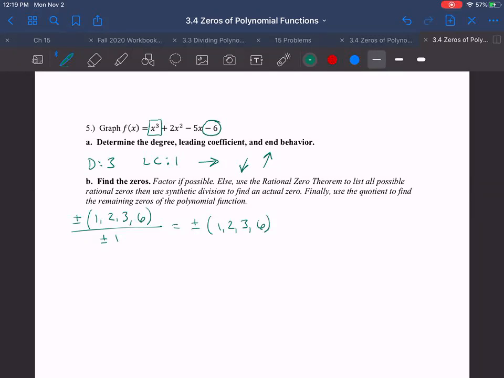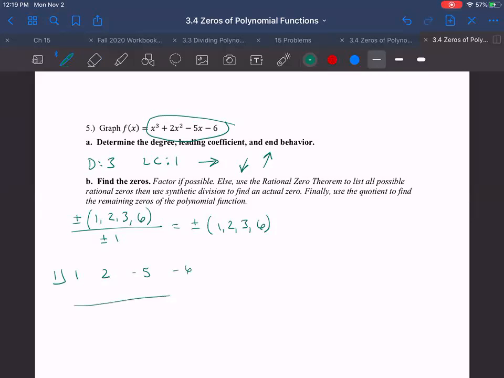All right, then the next thing I want to do is just go through and start trying these. I have no reason to pick one over another, so I'm just going to start with the very first one, positive 1. I'm going to use synthetic division, divide our original function by it, and see if we get a remainder of 0 or not. My coefficients are 1, 2, -5, and -6.